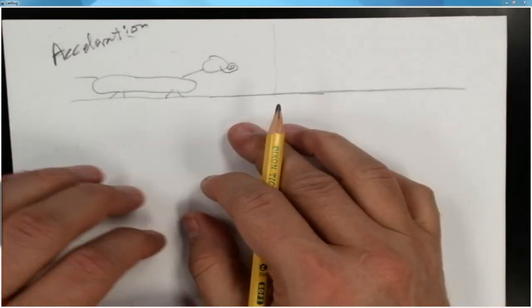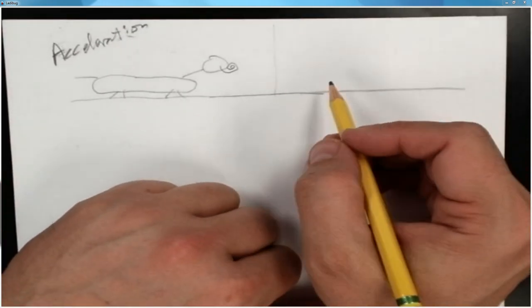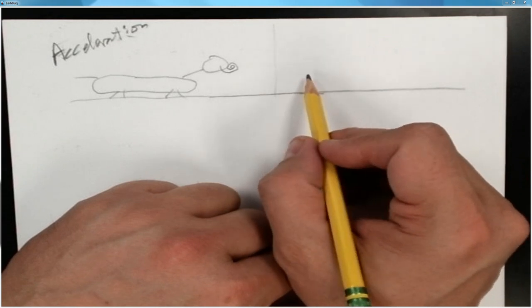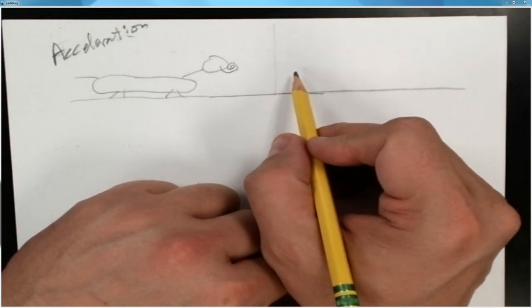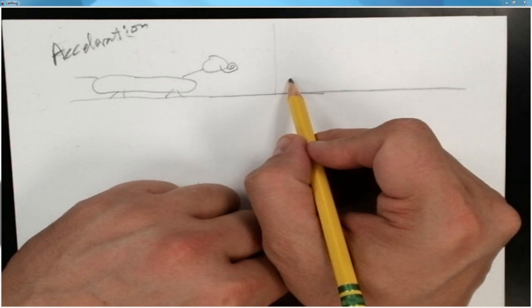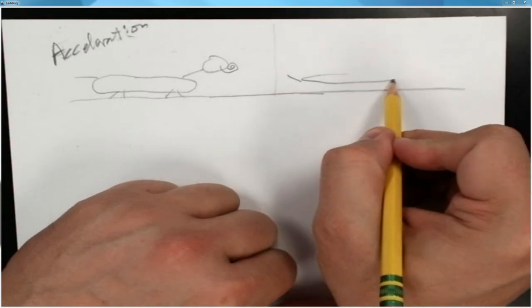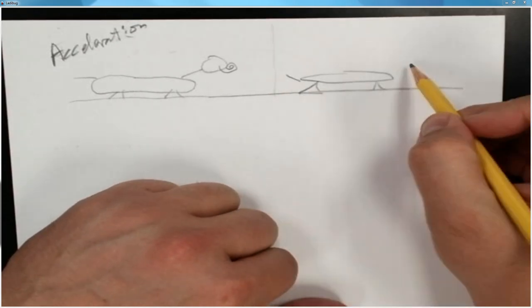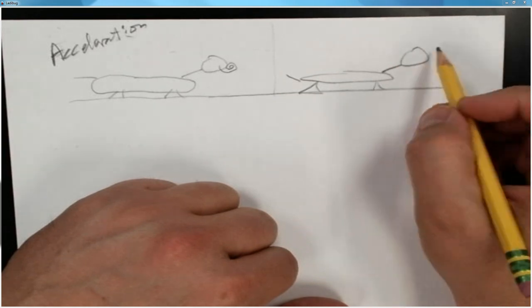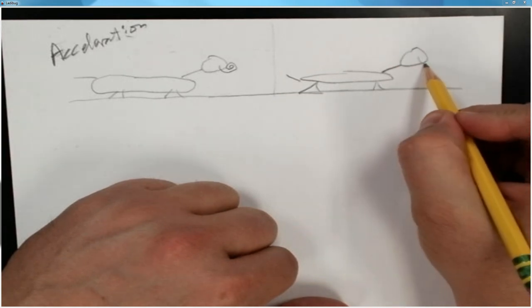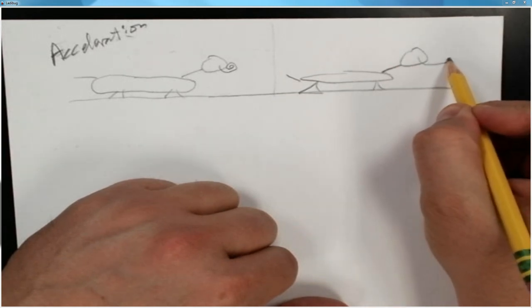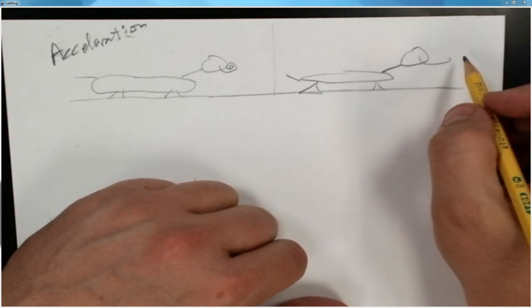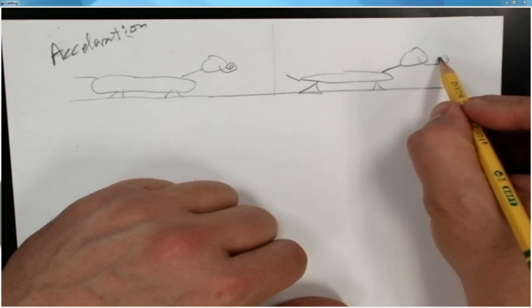There's a bit where his tongue accelerates, so it's speeding up. So it's like this.